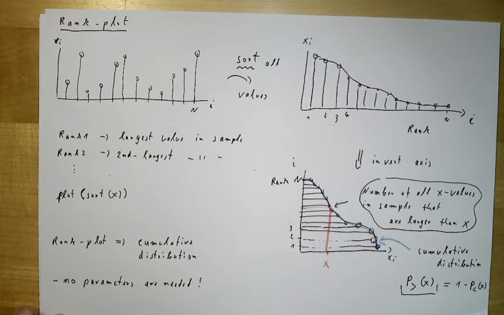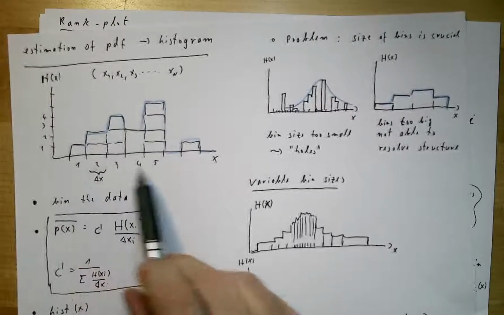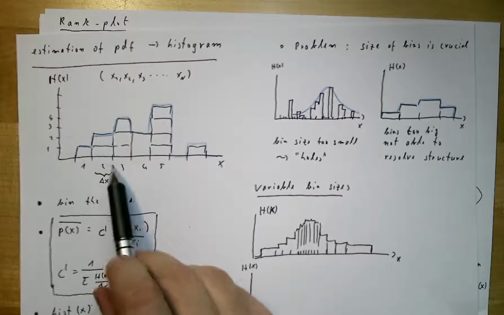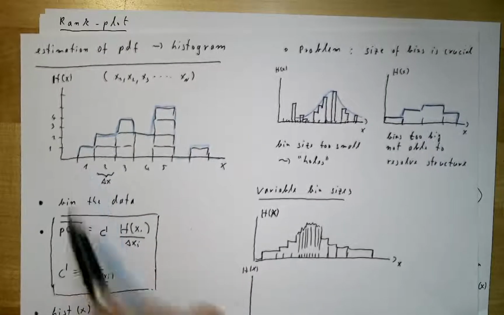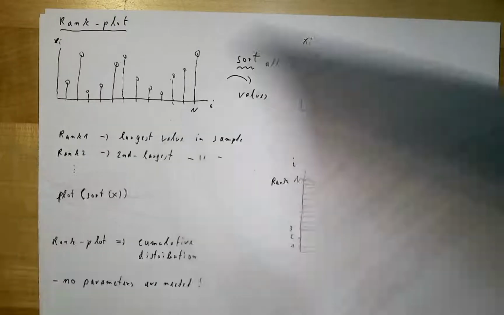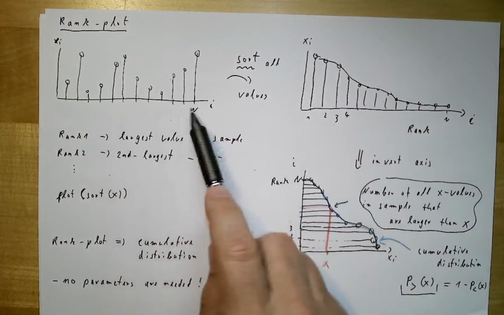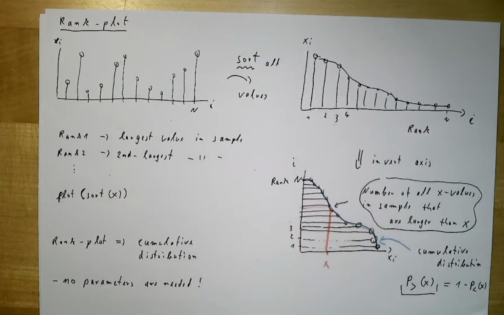So that's very cool. Remember, histogram was an art. We have really to find our bins. How big are they? Where is exactly the position of every bin? Here we just sort our data and plot the sorted data.